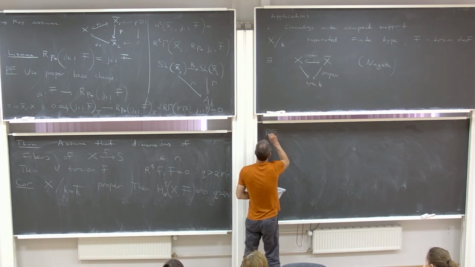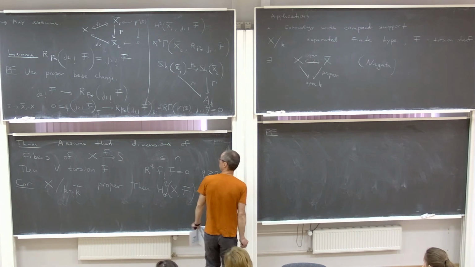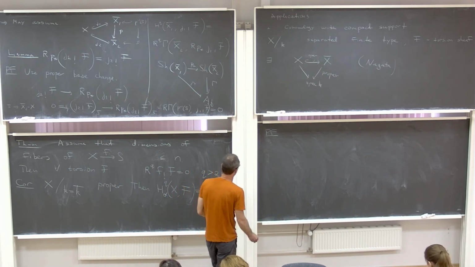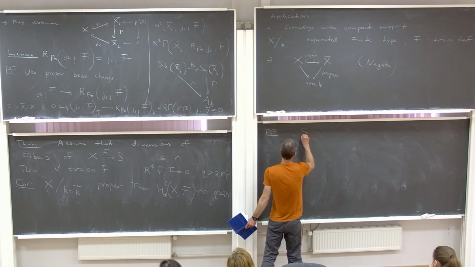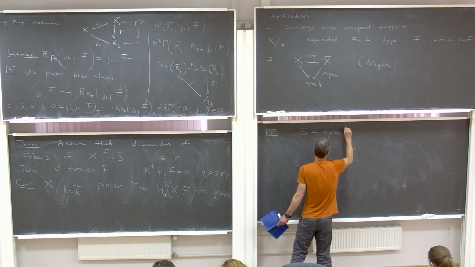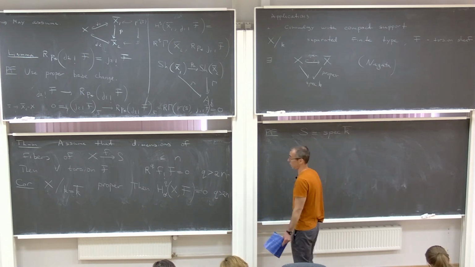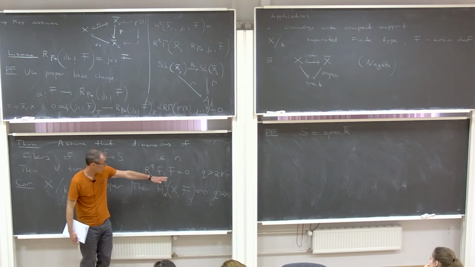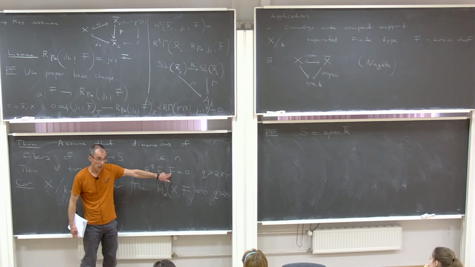So first of all, without loss of generality, we may assume that S is the spectrum of a field, even an algebraically closed field, because what we want to prove is that the stalk at every geometric point of this guy is 0.